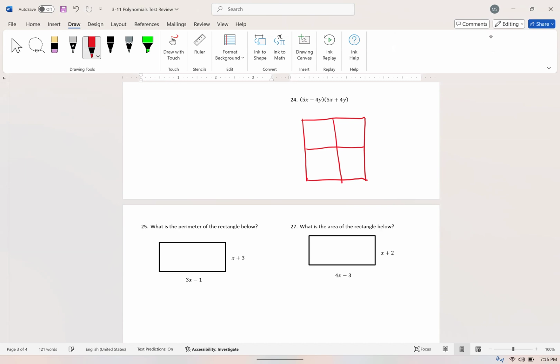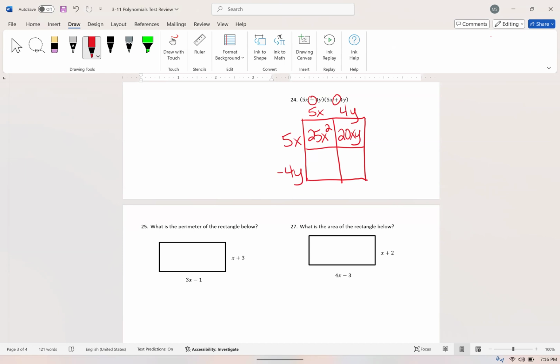So here we go. On number 24, we have 5x minus 4y, and then we have 5x plus 4y. So once again, we kind of expect this to be just like the last problem because these are almost identical, but we have different signs. So 5x times x is 25x squared. 5x times 4y is 20xy.